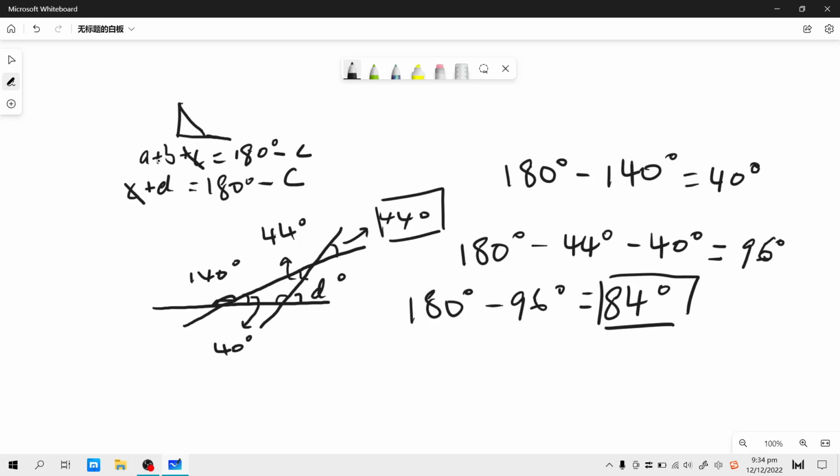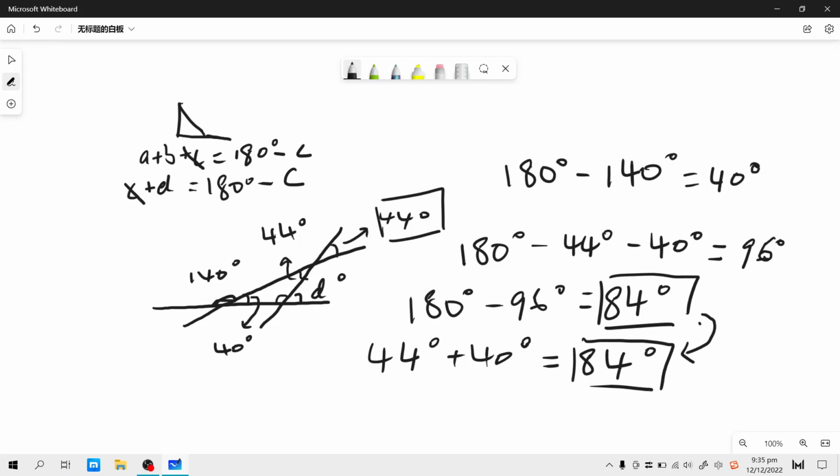So it concludes that A plus B equals D. So assume 44 degrees is A, 40 degrees is B, this 96 is C, and D is D. So it's just A plus B, which is 44 degrees plus 40 degrees, equals 84 degrees. And you can check that these two answers are actually the same. And we are done with this question.